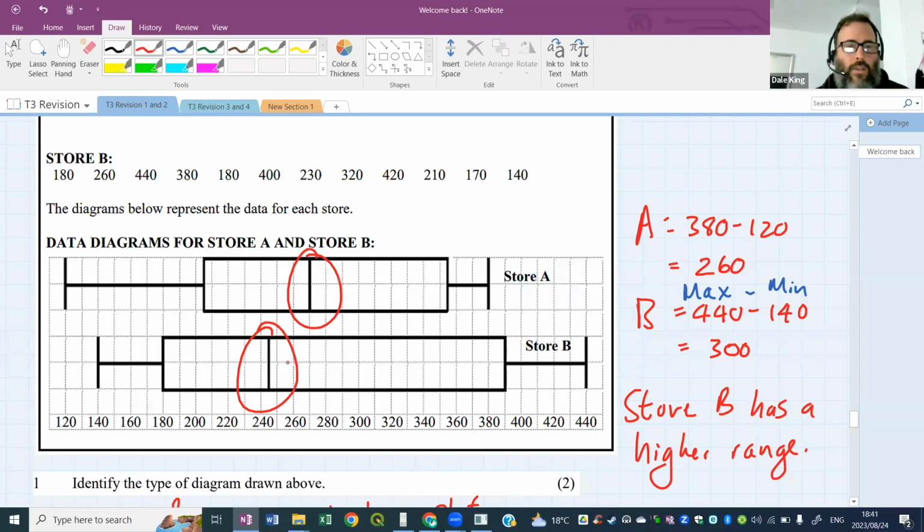You can have a median here for store B on the left, and then a huge gap between the median and your maximum number. Whereas the middle number, this is not average now, this is just the middle number of the data set, is a little bit to the right in store A. So some people might actually say the median in store A is a little bit to the right, so maybe store A is doing better, but this is not average.